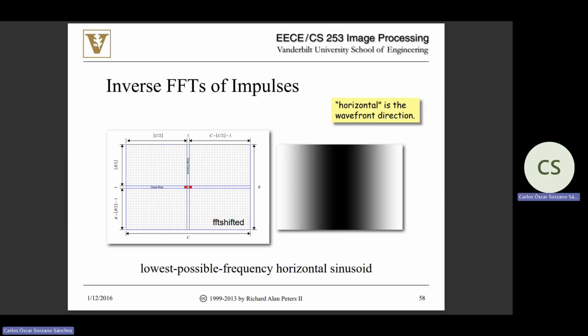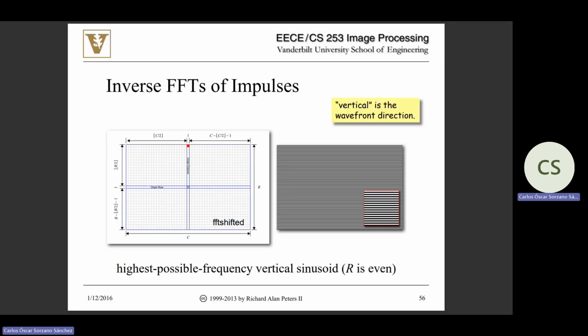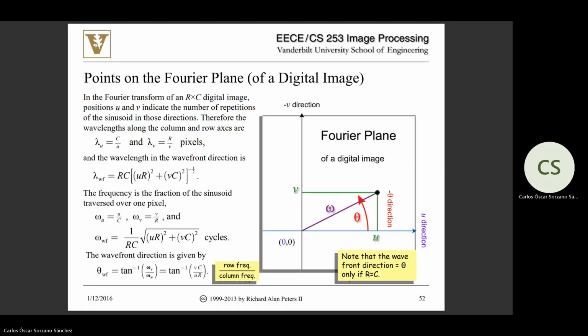And what if I put the delta very, very close to the origin, not exactly at the origin, but just one sample away? It has to be something horizontal. What is the wavelength associated? It is the number of columns divided by your index, but my index is 1.